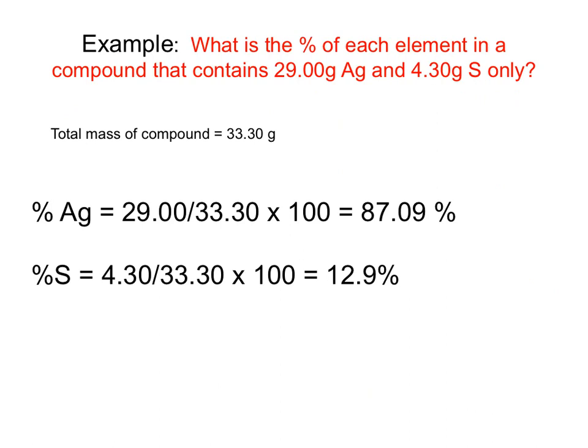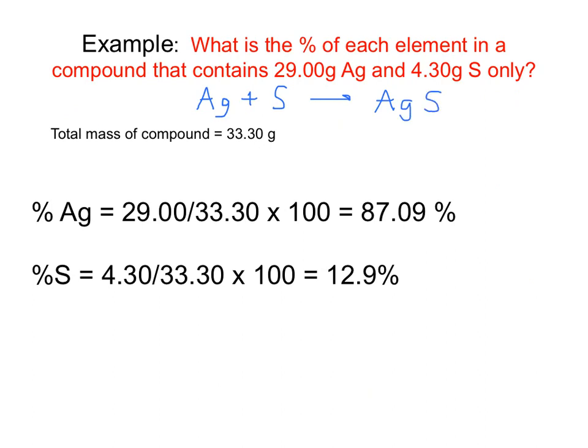Let's take a look at another problem, but this time I'm not going to give you the chemical formula. Instead, I'm going to tell you that the compound contains 29 grams of silver and 4.30 grams of sulfur only. Using the law of conservation of mass, if my chemical formula is only going to contain silver and sulfur, they're going to react in a certain way to produce that compound.